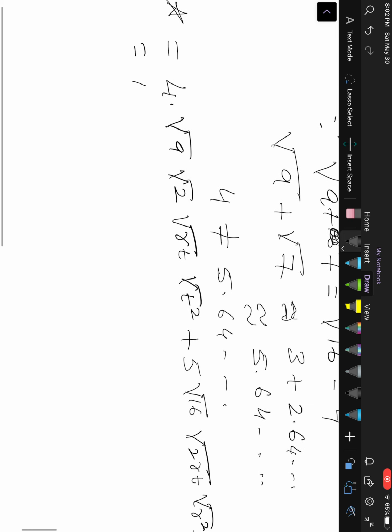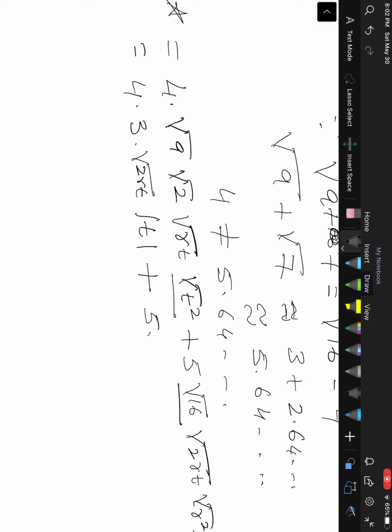So now we can simplify it further. The square root of 9 is 3, and this would be 2RT. And here you can see that n's value is 2, which is even, so you can apply property number 5 here. So that would give us the absolute value of t plus 5 times the square root of 16, which is 4, times the square root of 2RT.